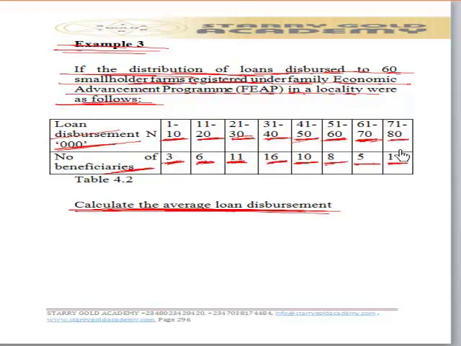So based on this, we are expected to compute the average loan disbursement or arithmetic mean as the case may be. It is very important to put this in an appropriate table so as to have a clear picture of what the problem is. So we can represent this as class interval.